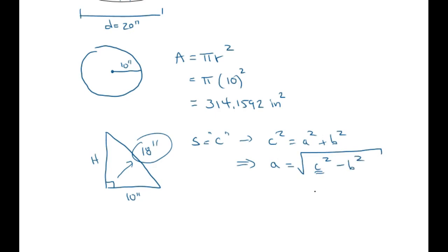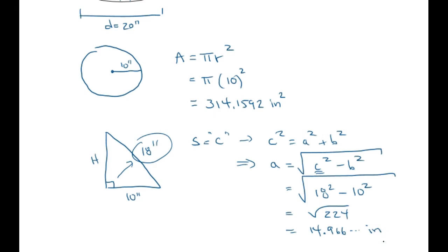So this is really our slant or our hypotenuse. So we'll plug in those values: 18 squared minus 10 squared. So you end up getting the square root of 224, or approximately equal to 14.966, etc., and this is just a height, so this is just in inches.